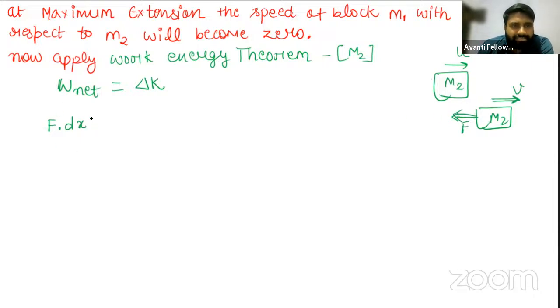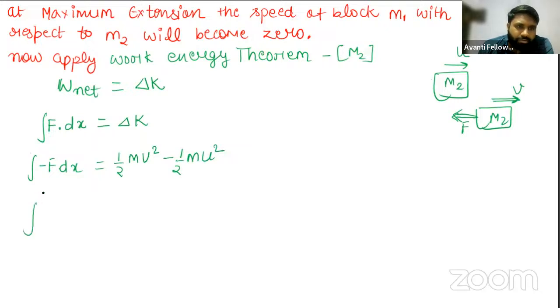So this F dx will open as F dx cos 180, it will become minus integration of F dx is equal to delta K, which is 1 by 2 m v square minus 1 by 2 m u square.